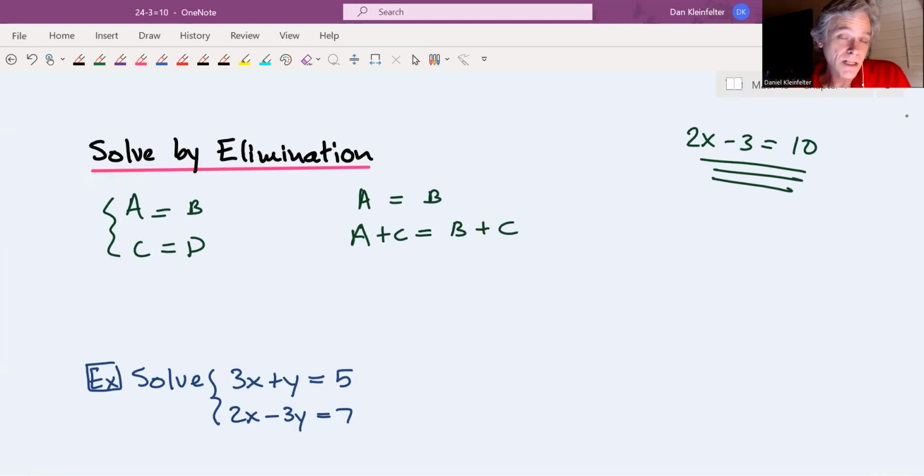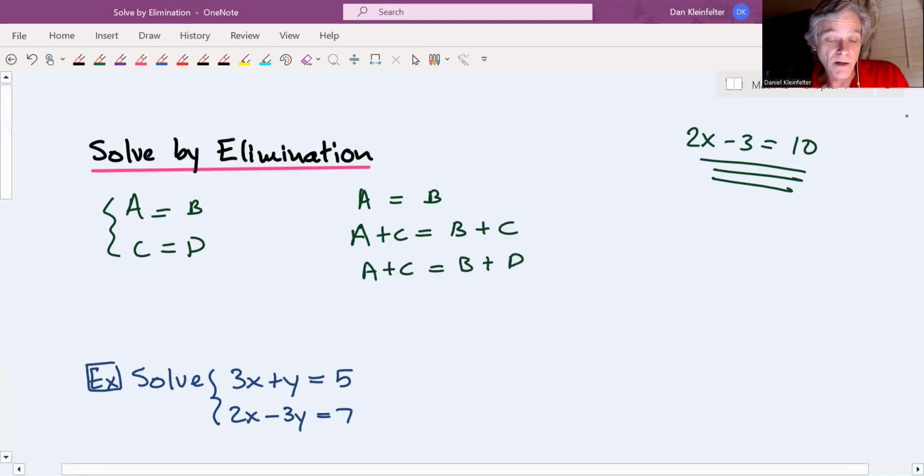The second thing is we know that equals can be replaced by equals. So when I rewrite this equation, A plus C equals B plus C, I'm going to take the second C and replace it with a D. How do I know this?